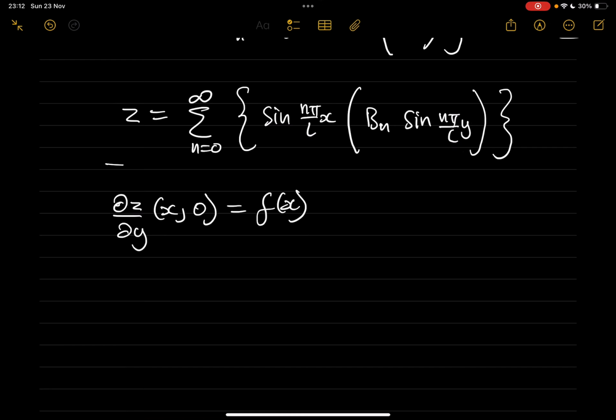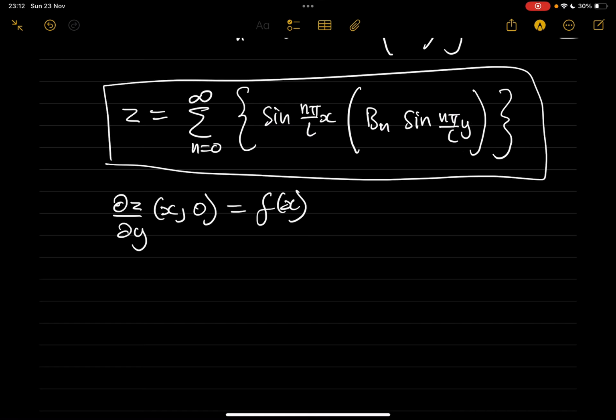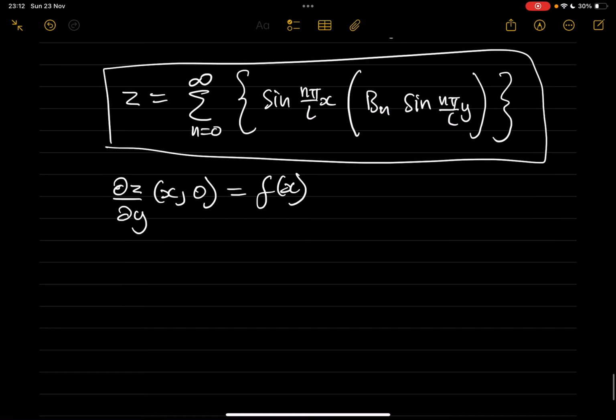So we need to differentiate this with respect to y, and where there is y, we substitute 0. That's all. So del z del y, they are telling us that it's going to be f of x, right?